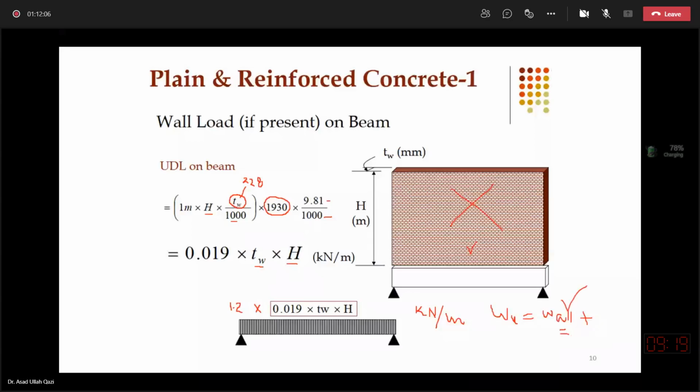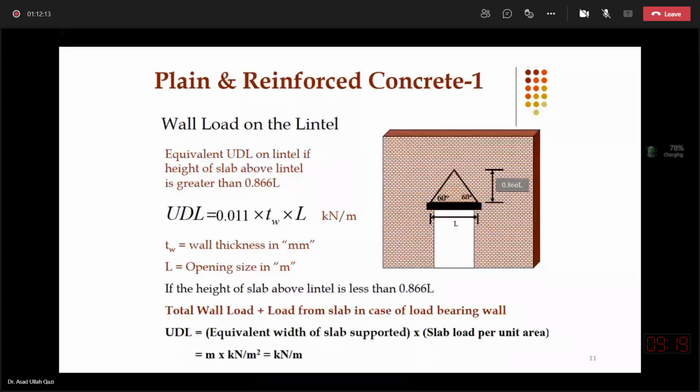And furthermore, in some cases we have openings, and above openings we have masonry courses, and then finally the roof slab is present.